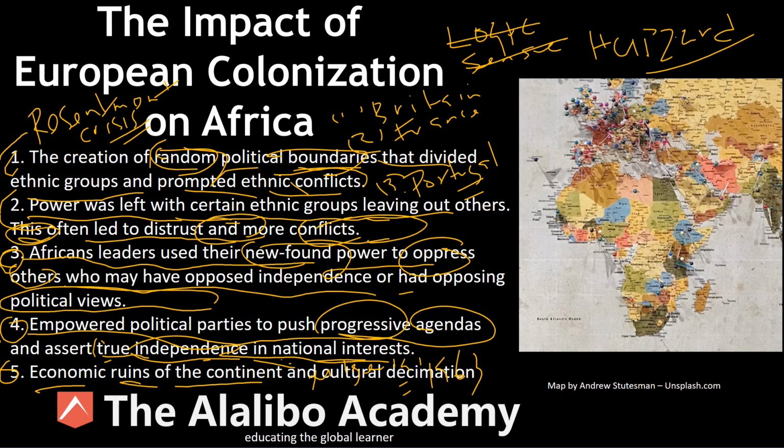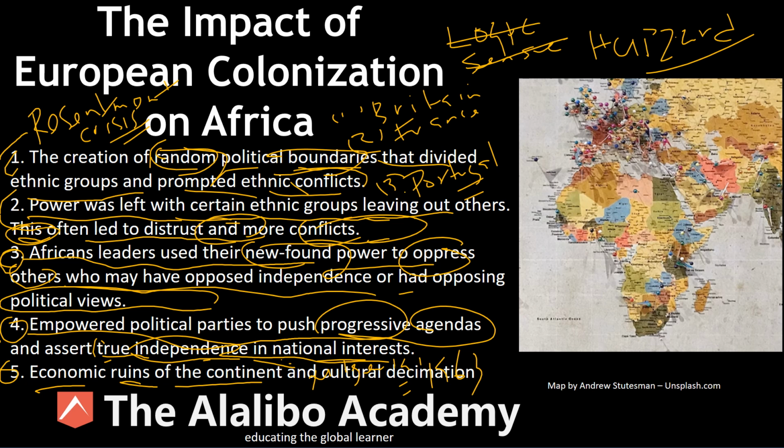And that's a very significant negative impact on the continent, because the continent is still recovering today, many decades after colonization, from the resources that were taken and stolen from the continent. And the ones that were not stolen, some of them were destroyed.